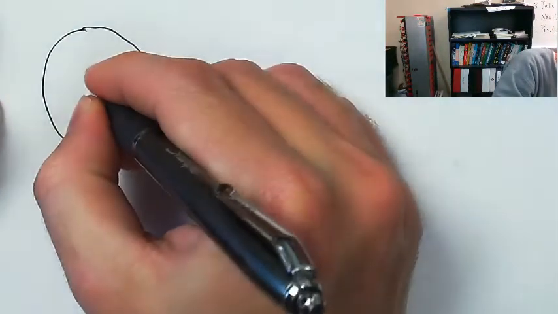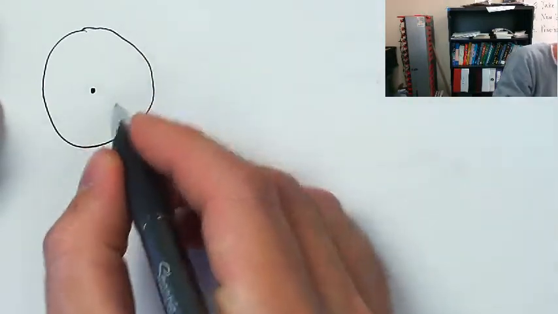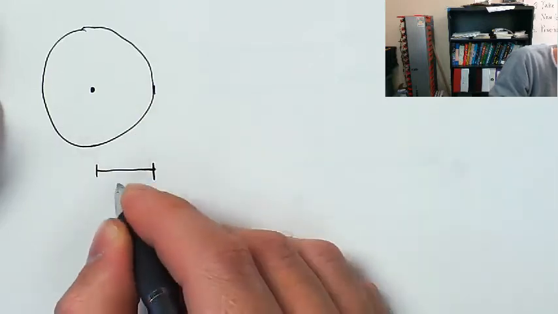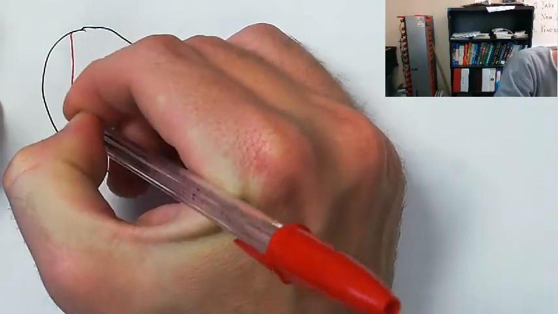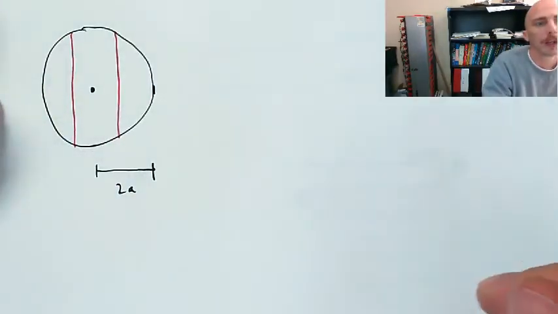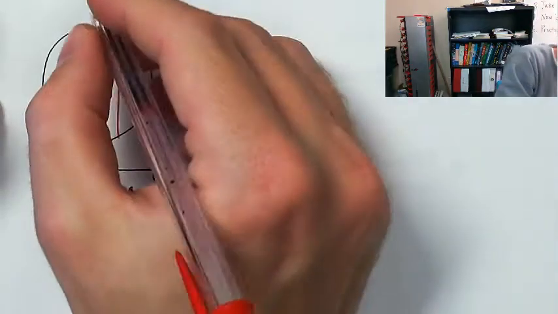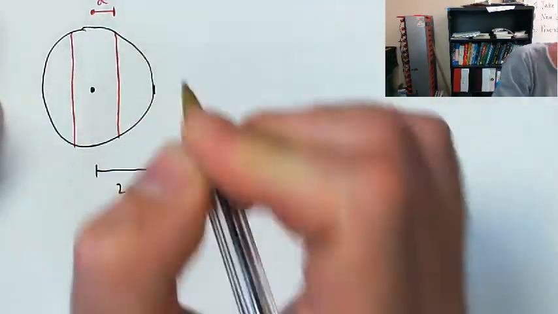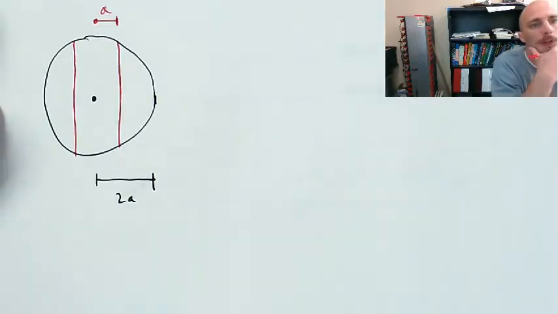Let's think about this one for a second. We're going to core out a cylinder that's got to go halfway, and maybe that's going to be 1a.